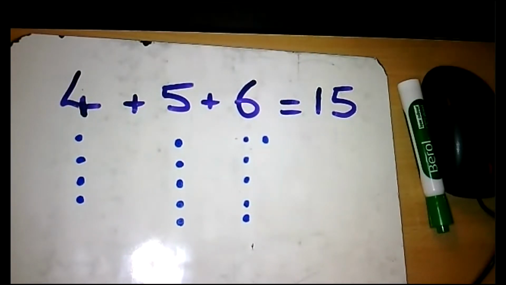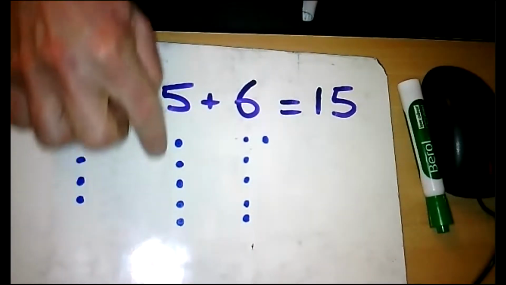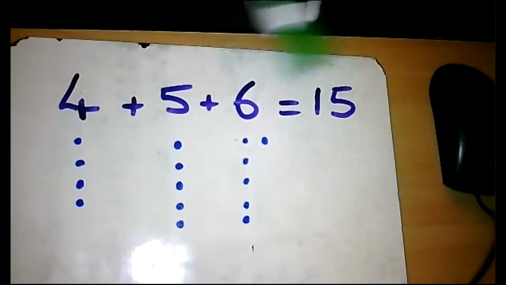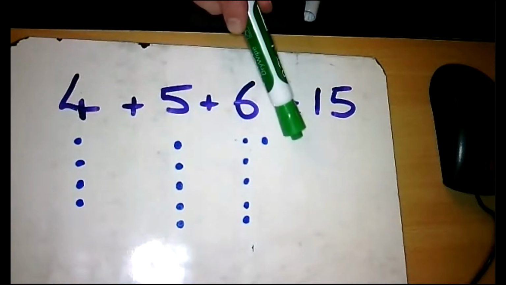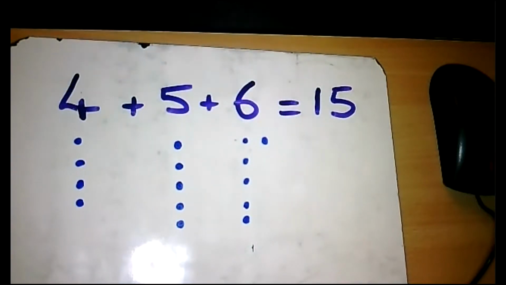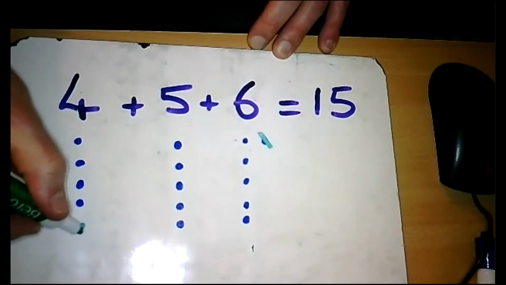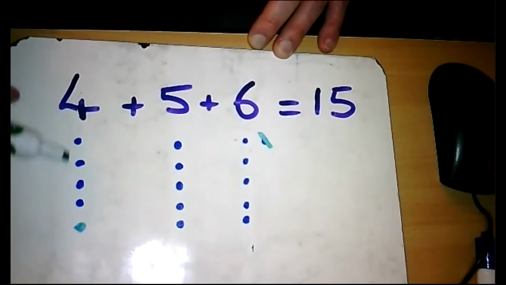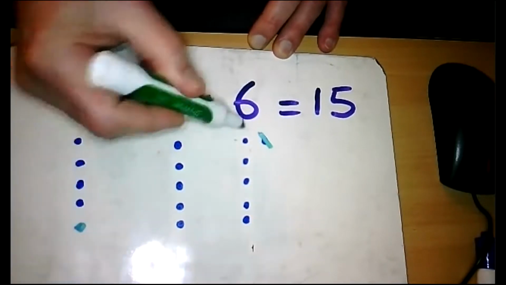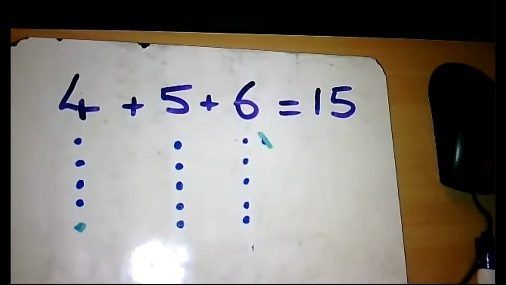Or have I? I've definitely got 1 lot of 5 here. And on this side, I've got 5 add 1. And I know that 4 is 1 less than 5. So if I take this one from this side and put it here, I've now got 5, 5, and 5. 3 lots of 5, 3 lots of the middle number, making 15.